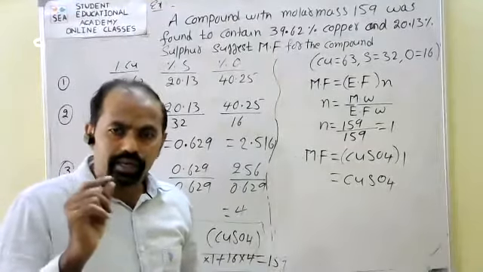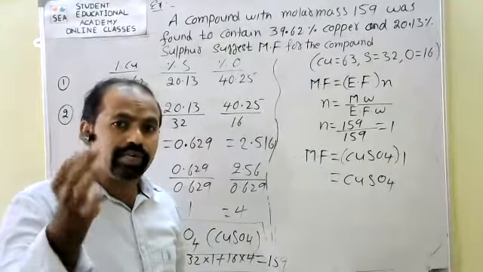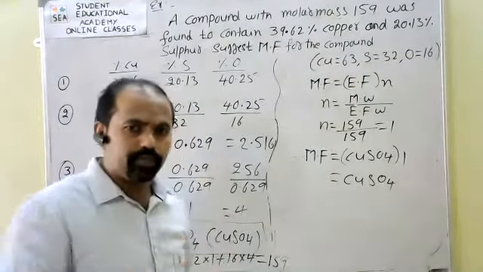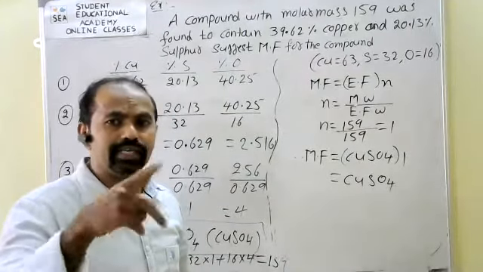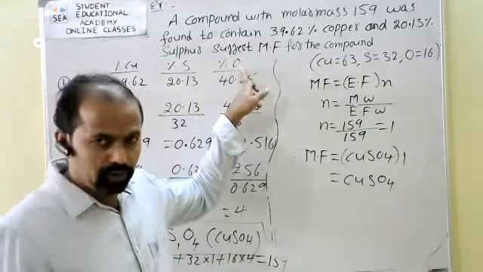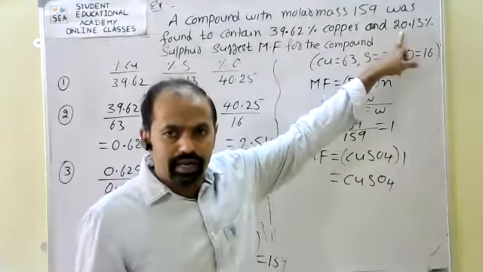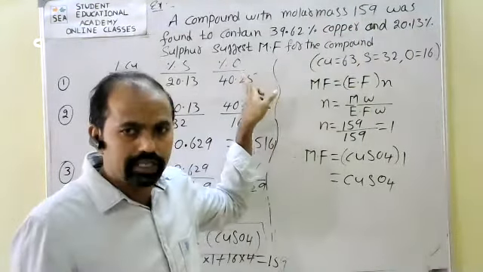After that, if for all elements the percentage weights sum to 100, we go to the next step. If that is not equal to 100, the difference is treated as the oxygen percentage. Here this sum is not equal to 100, so the remaining I have treated as oxygen percentage.